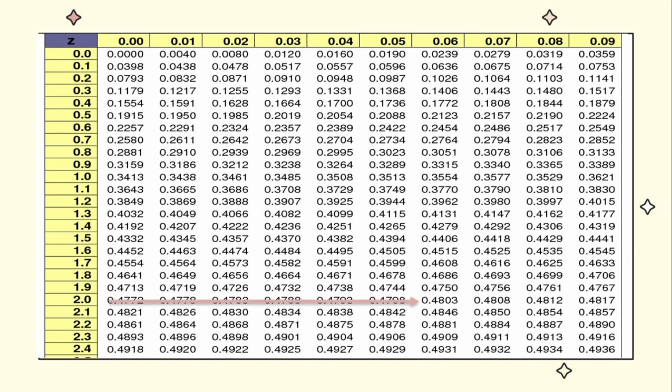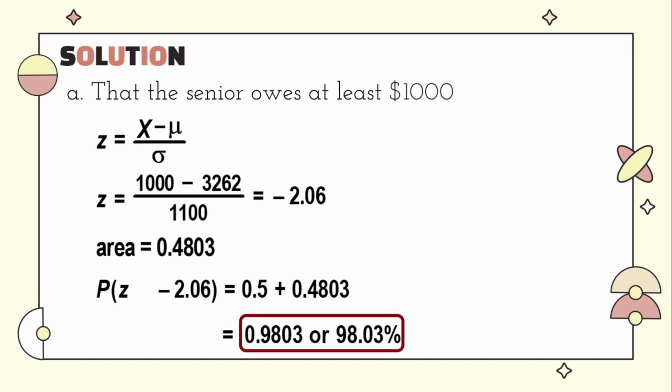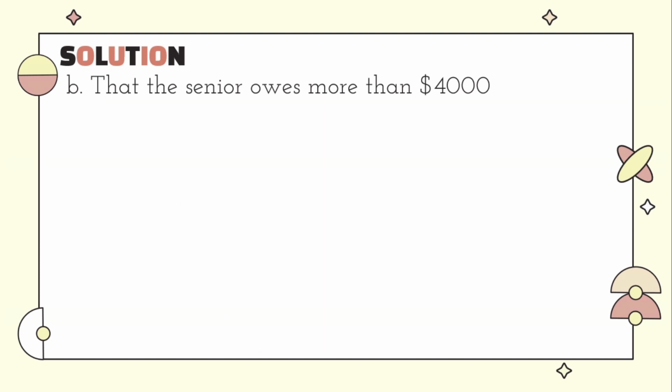So the area of negative 2.06 is 0.4803. We need to add the remaining 0.5. Therefore, the probability that the senior owes at least $1,000 is 98.03%.